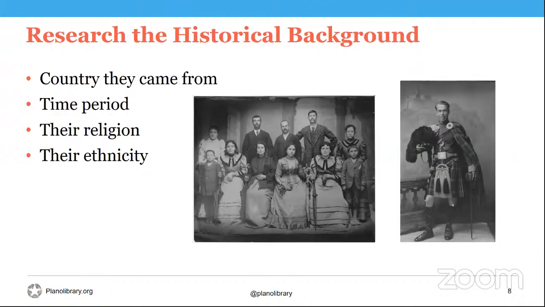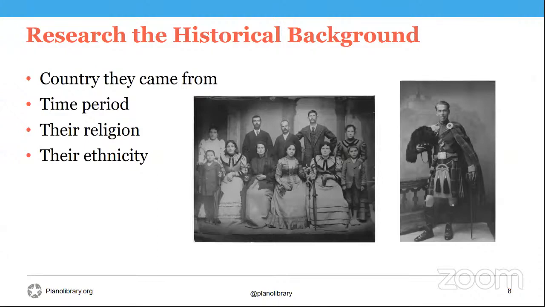So when we get started, another thing, after we identify the immigrant, we want to know a little bit about their background, the country they came from, the time period, their religion, and their ethnicity, because all of that gives you the confirmation of the immigrant you find.